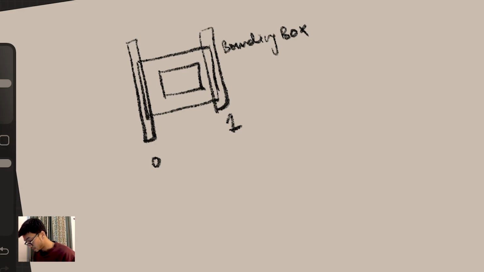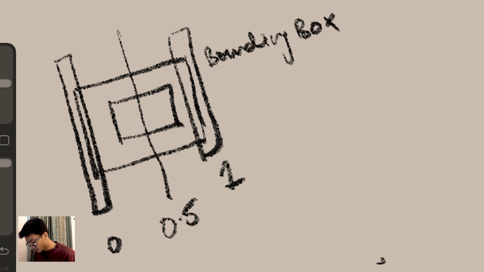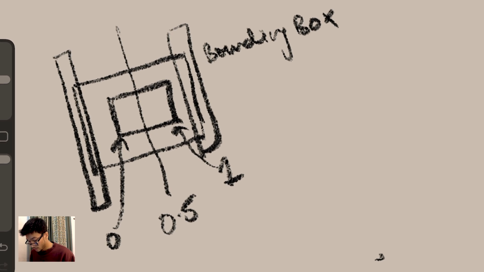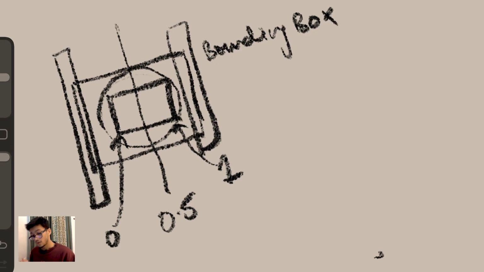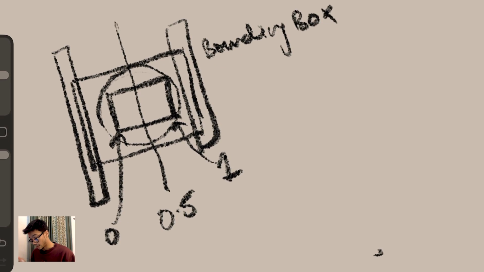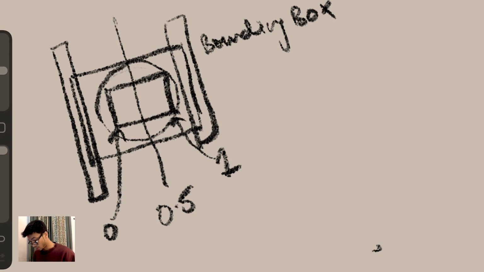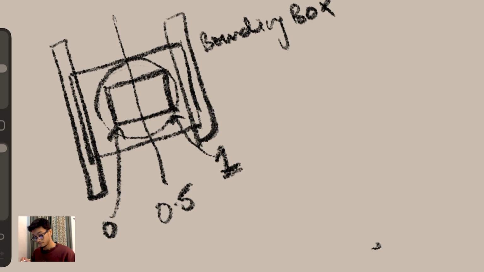Everything inside would get a value according to these two values, let's say 0.5, right? So I have this geometry which is inside this bounding box. Now this part of the geometry will get a value from this, and this part will get a value from this. So every other point in this geometry will have their local position according to these two, right?